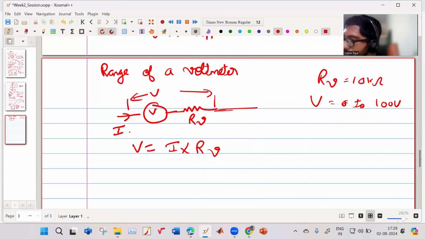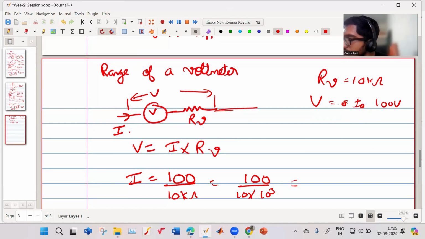So now I want to know how much is that current. That is equal to 100 divided by 10 kilo ohm. So that is 100 divided by 10 into 10 to the power 3, which is equal to 0.01 ampere. So the maximum current that can flow through this device is 0.01 ampere.